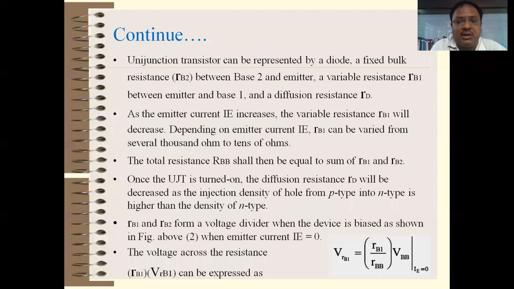As the emitter current IE increases, see, this is again a current control device and JFET is a voltage control device. Remember this thing. So as emitter current IE increases, the variable resistance RB1 will decrease.